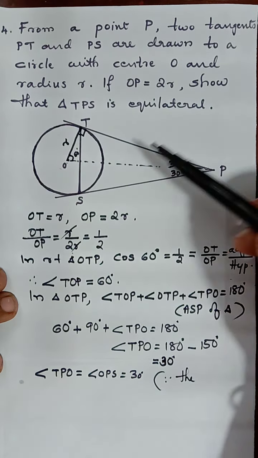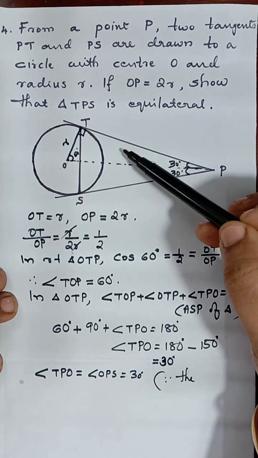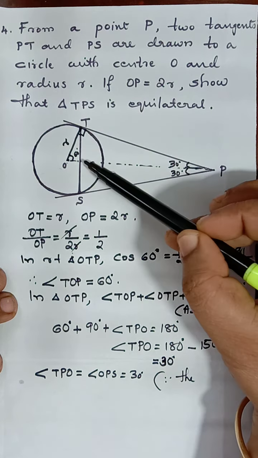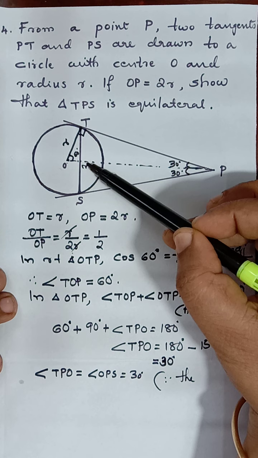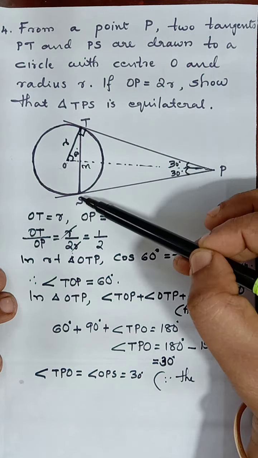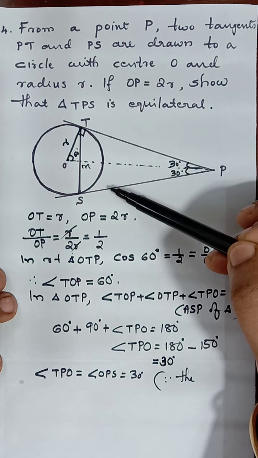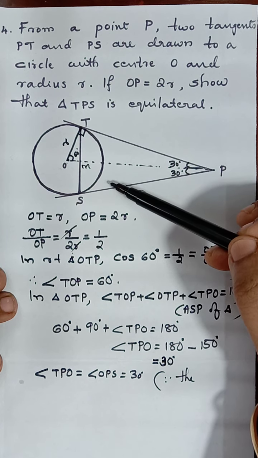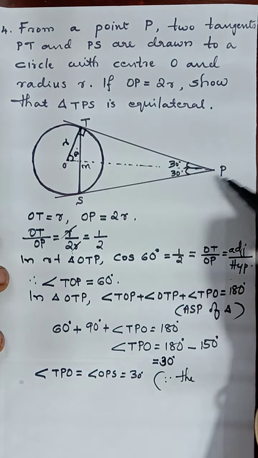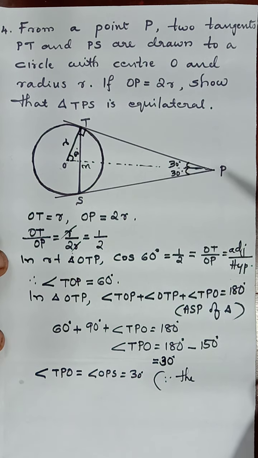When we take the theorem, we will understand these two. If you consider some point M here, triangles TMP and SMP are both congruent. That is what we have proved in the second theorem of circles: the lengths of the tangents drawn from an external point to the circle are equal.